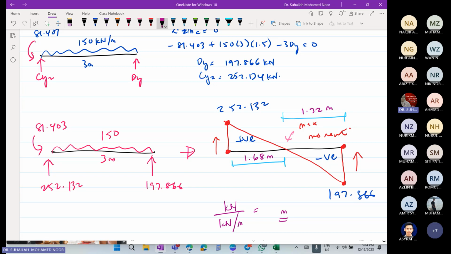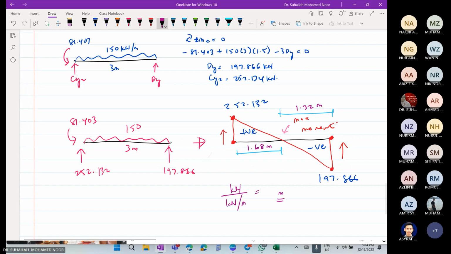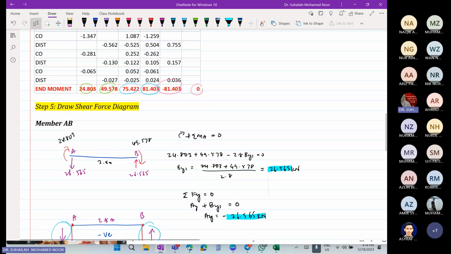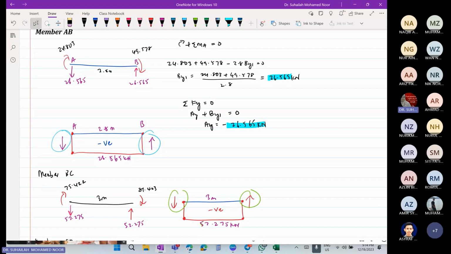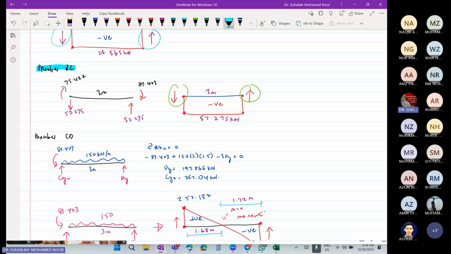Or you can also calculate using 197.866 divided by 150, 1.32. It is the same. Total must be 3. So that's the shear force diagram for each member: member BC, member CD.